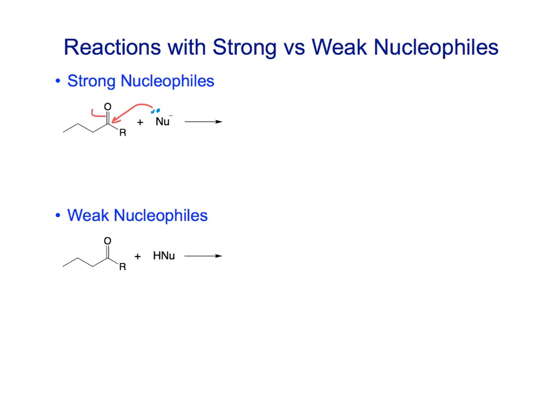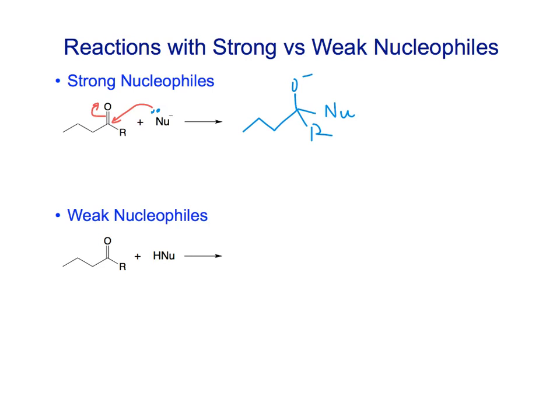The pi bond goes up on the oxygen, and we form a tetrahedral intermediate. Like this. Here's our nucleophile. And we have this R group, and that R group could be either a carbon if it's a ketone or an H if it's an aldehyde.